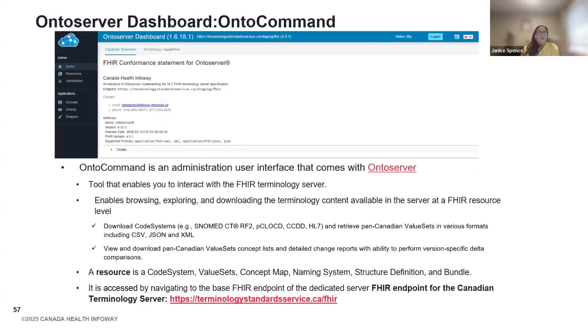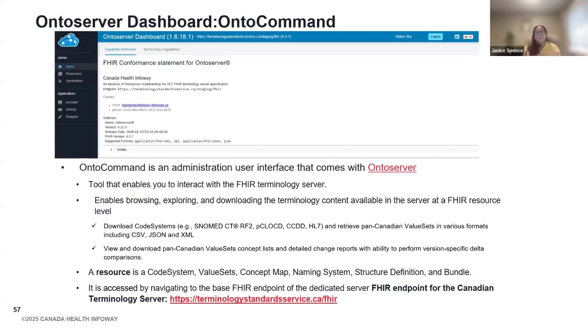The Onto command is what we'd call the admin console of OntoServer. It's your control command center, if you will. We worked very hard on this component over the last few months to roll out enhanced features, as we realize that we live in an in-between world where not everybody's fully FHIR enabled, and not all systems might be FHIR aware.